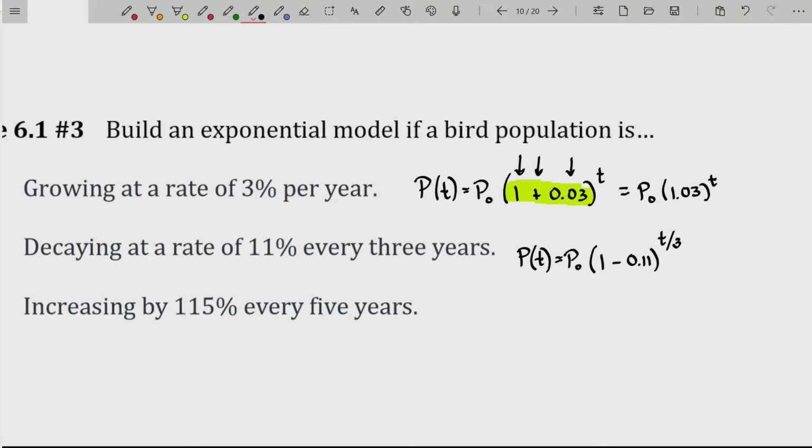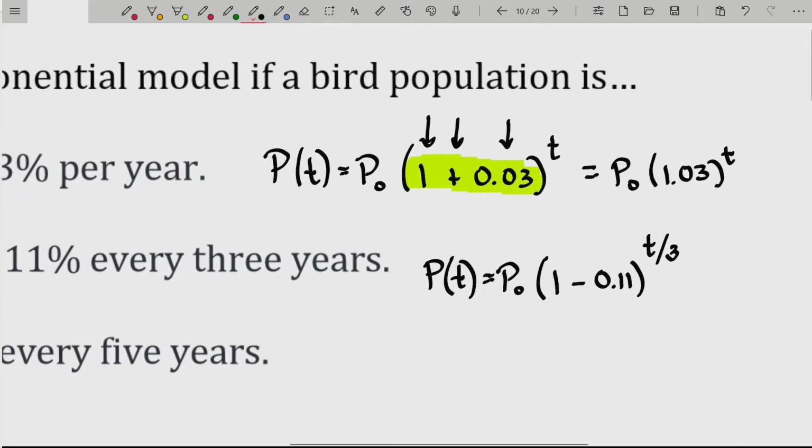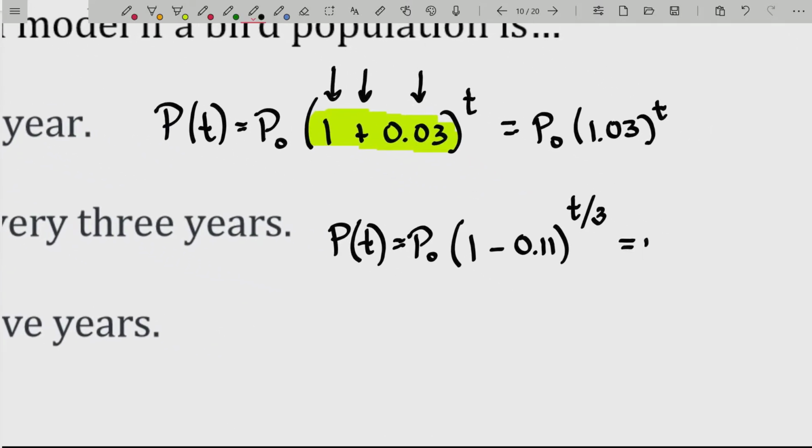You see how quickly you could write these? It just happens very fast. By the way, I suppose you could clean that up, right? So that's P naught times 0.89 to the t over 3. Another way you could have read that is you keep 89% of the population every 3 years.